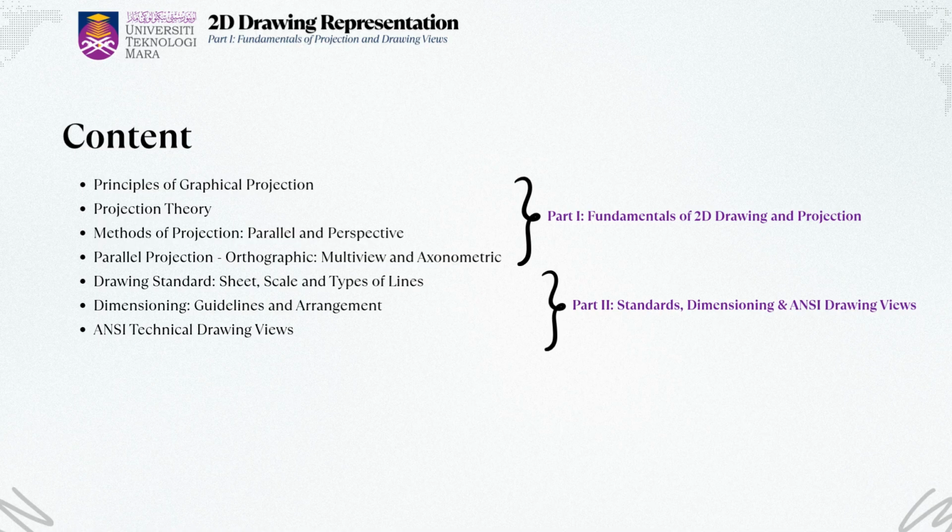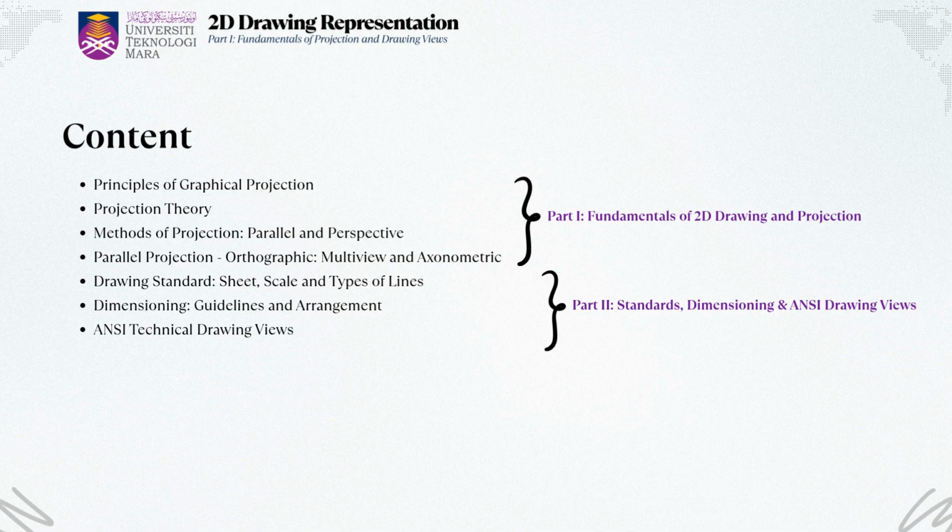Finally, we'll examine the ANSI technical drawing views, where you'll learn about specific view types such as model views, section views, broken views, detail views, and exploded views, all used to improve clarity and precision in representing complex parts and assemblies.